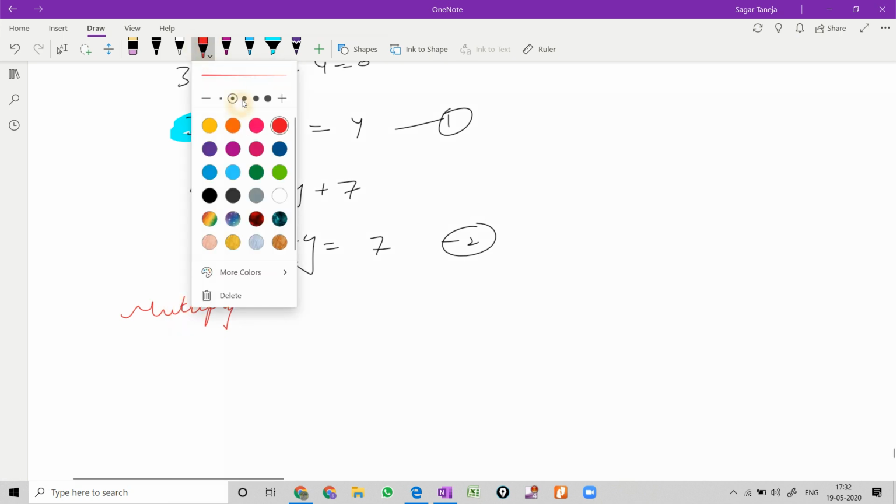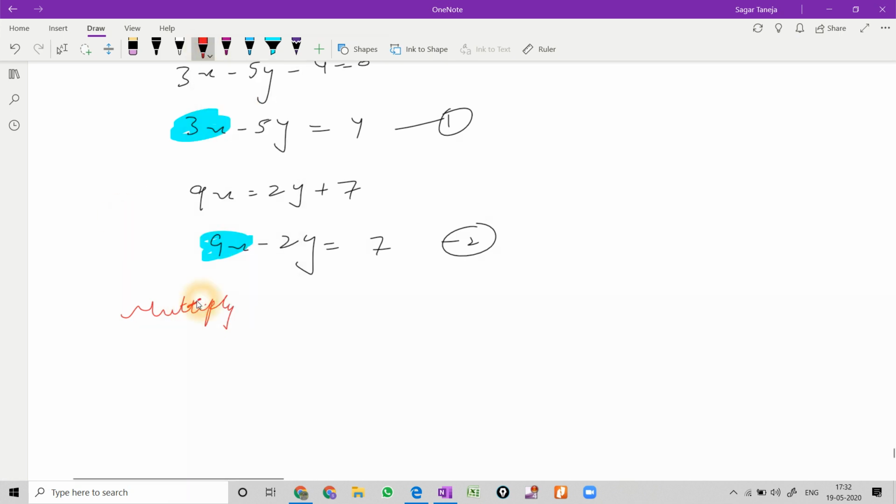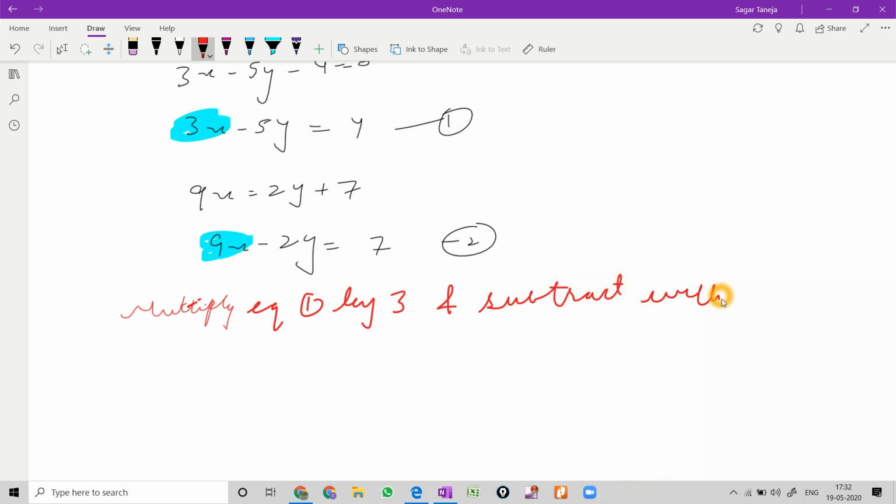Multiply equation 1 by 3. See, if we multiply it by 3, it will become 9x. So it is positive 9x. It is also positive 9x. So we can write here only and subtract with equation 2.